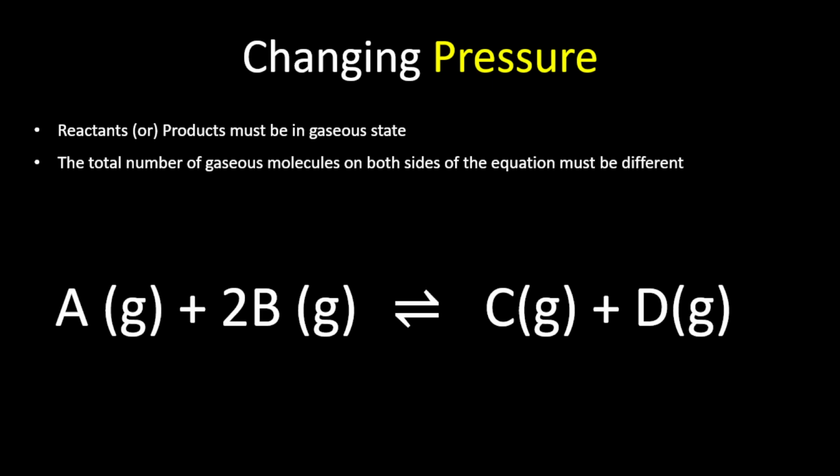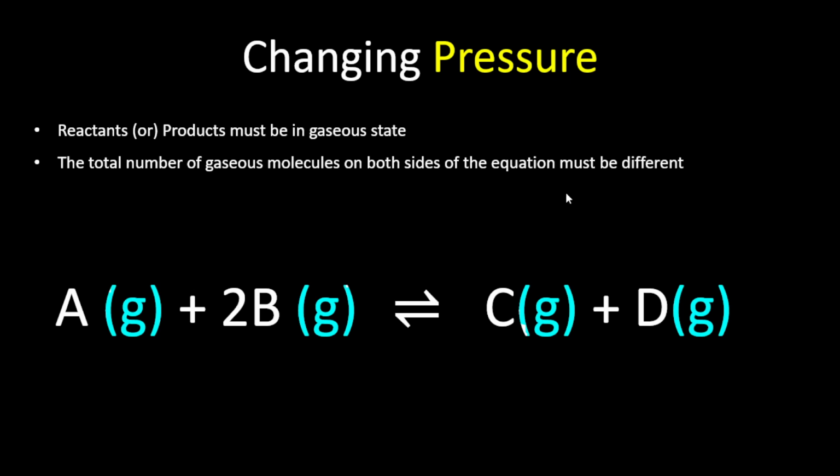In order for pressure to be effective, there are two things that you need to satisfy. First, the reactants or products must be in the gaseous state. They need to be gases because if they're solid or liquid, the pressure doesn't affect them. Second, the total number of gaseous molecules on both sides of the equation must be different.